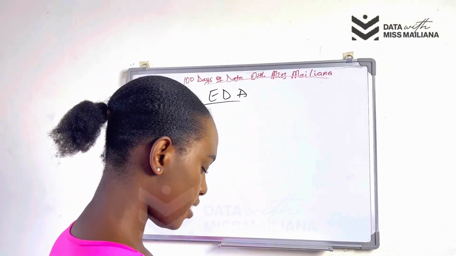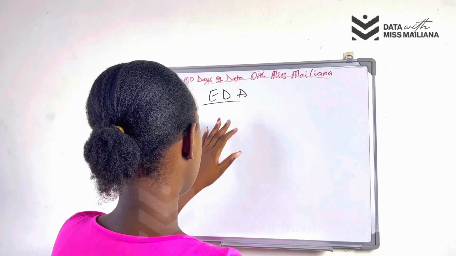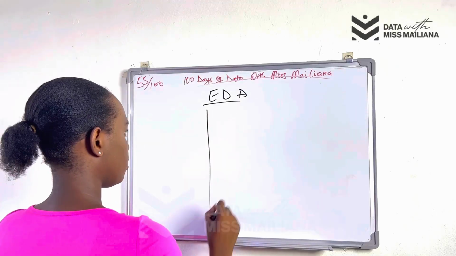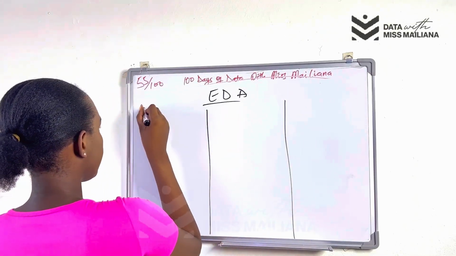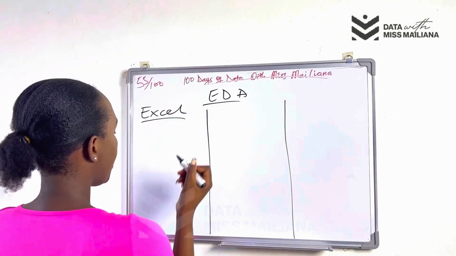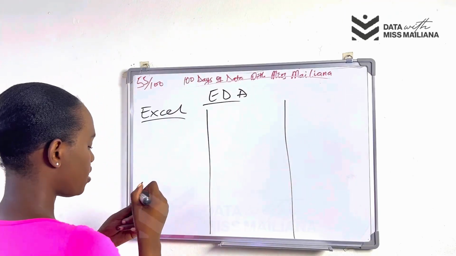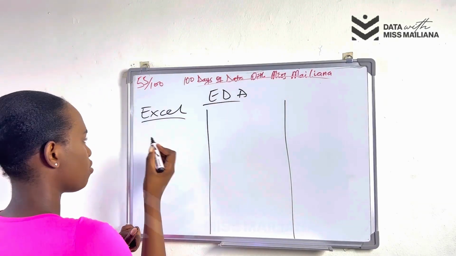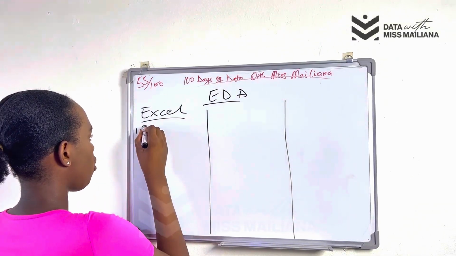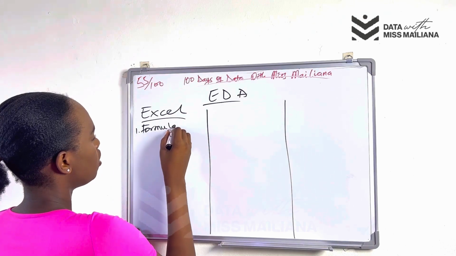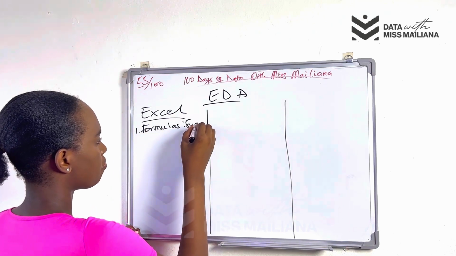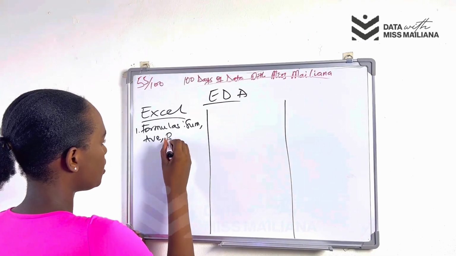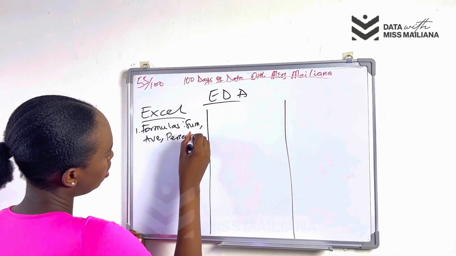So when you get a data set and you are about to perform your EDA, when you take Excel, how do you perform your EDA? What tools, skills, or processes do you use? One would be formulas like sum, average, percentage, and all that, right?